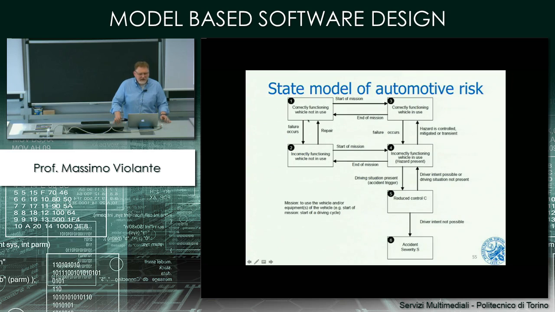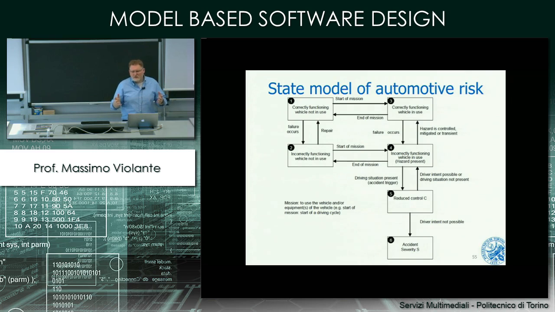Let's say we have a connector that has not been plugged correctly into the proper socket, and so just out of gravity it disconnects. That is a failure. Let's imagine that the connector is the connector that connects the speed sensor on the wheel of your car to the ABS.